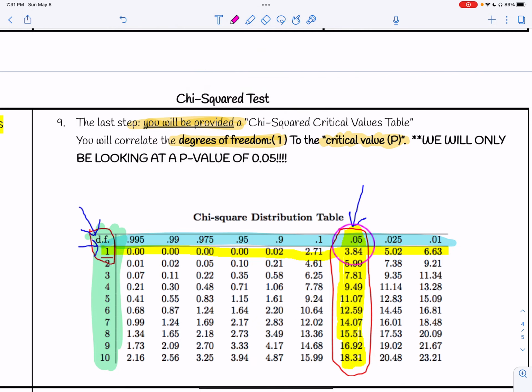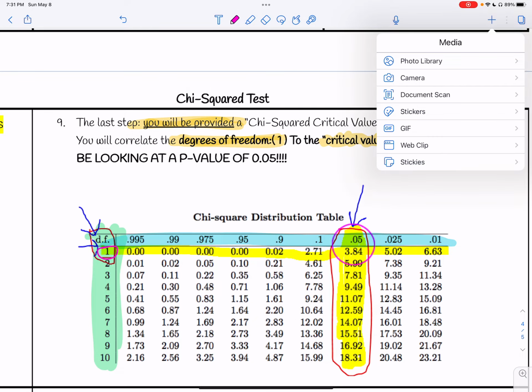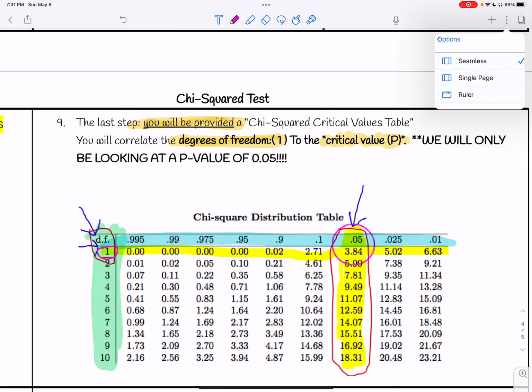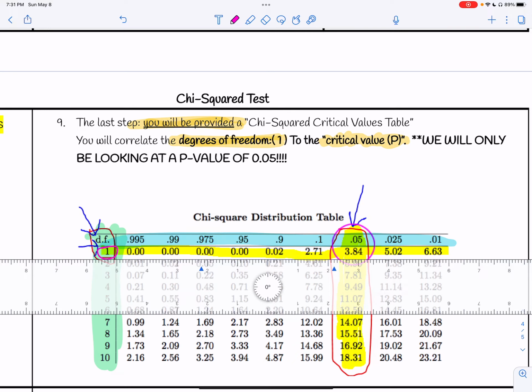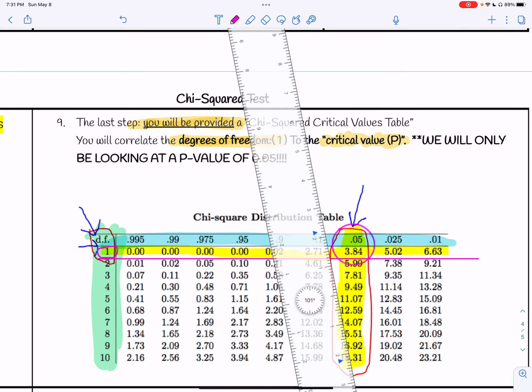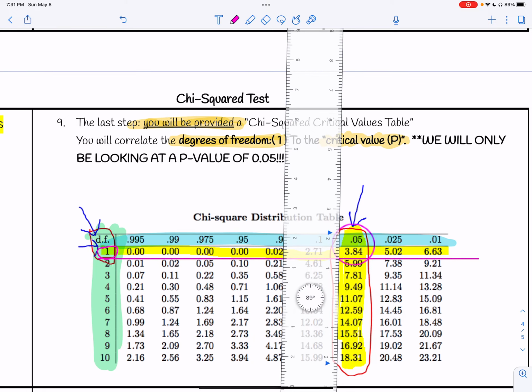All right, this one. So we're at a degree of freedom of 1. Yes. Bring out the ruler. Y'all, I'm so pleased with that. I'm just so pleased with it so much. And then just the 5%.